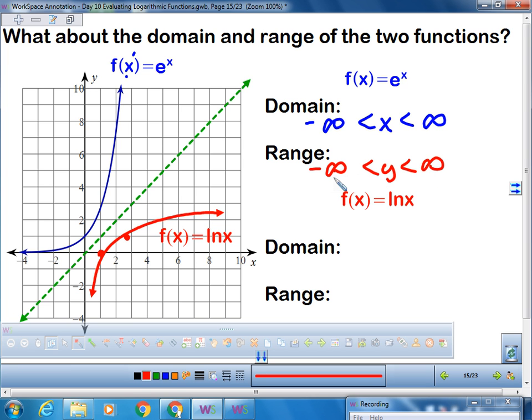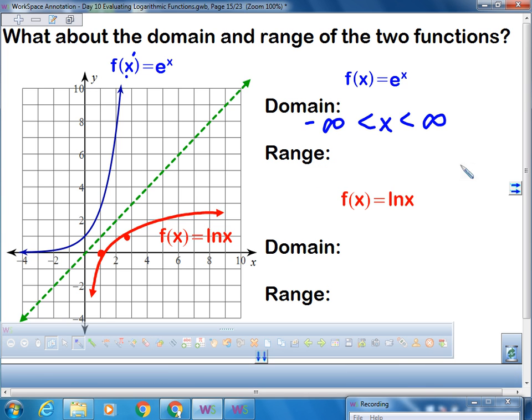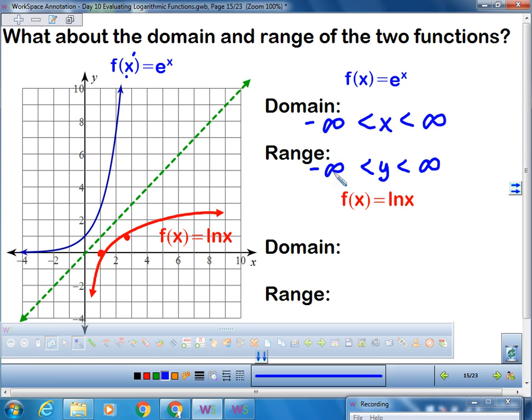We're still looking at this blue function. As I'm going up on the y-axis, is there anything that's going to stop this arrow from continuing in the upward direction? If I'm going down on the y-axis, is there anything that's ever going to stop this graph from going any further down? Yes.